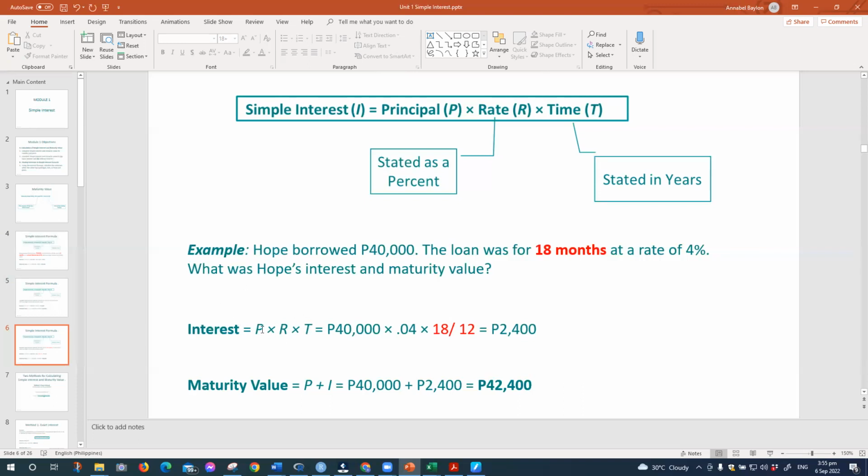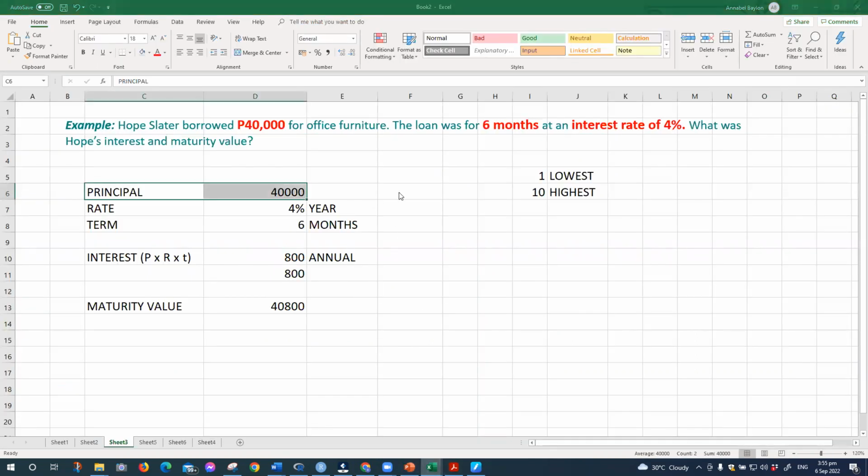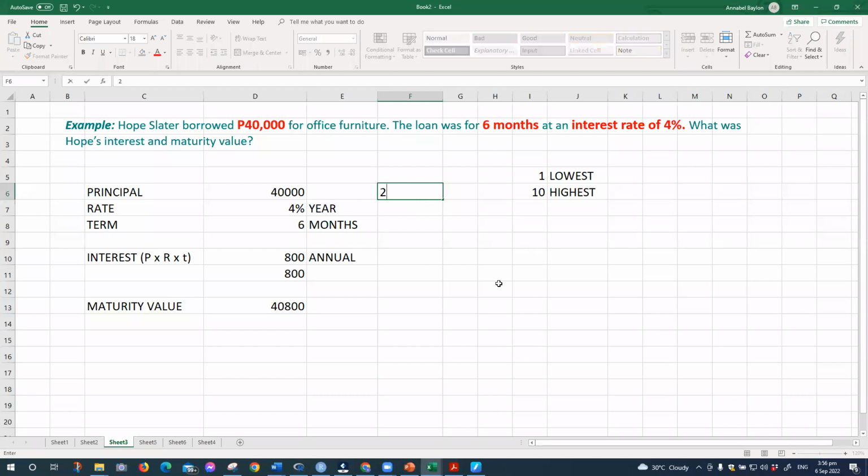But if, for example, principal doubled, rate trebled, and term quadrupled, let me repeat that. Okay, if your principal na doble siya, no?